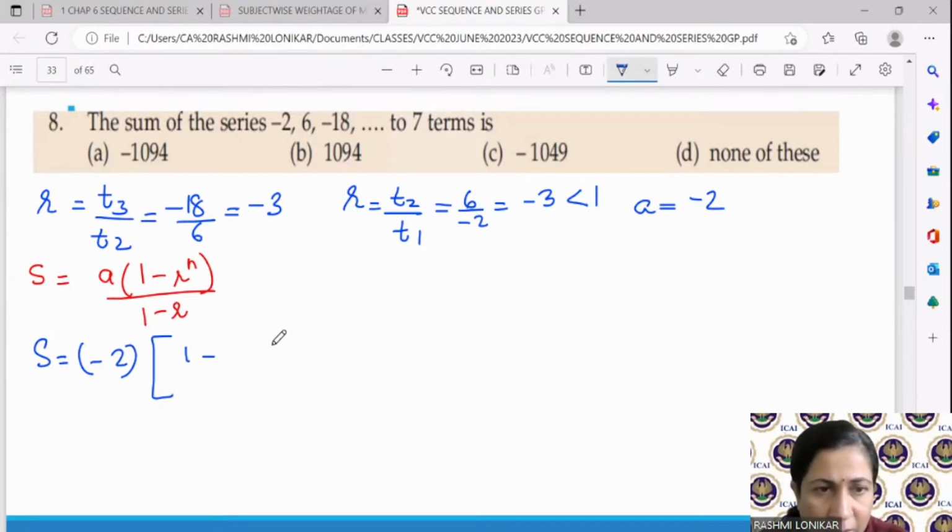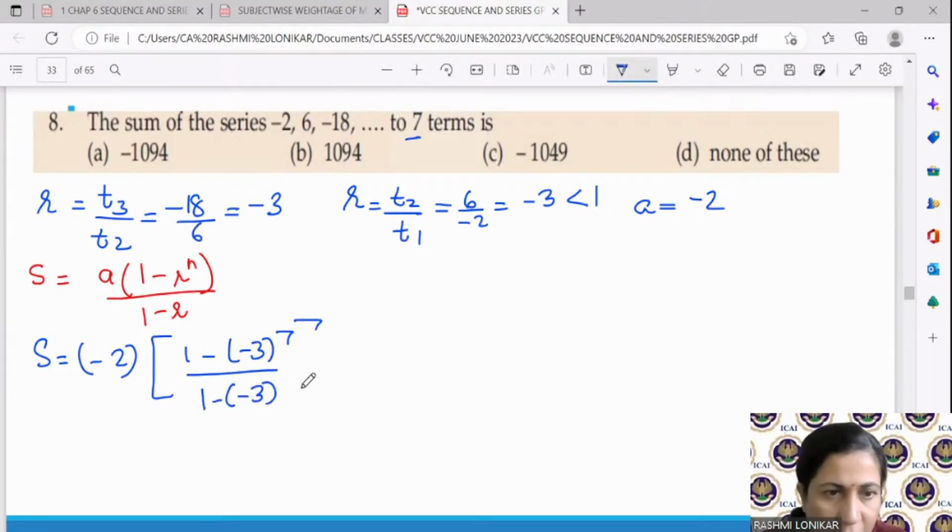Minus 3 raised to N. N is how much? 7, because it is given as 7 terms, upon 1 minus minus 3. Now be careful, this is minus 3, so the minus sign will come outside the bracket because this is minus raised to 7. So I have minus 2, 1 plus 3 raised to 7.